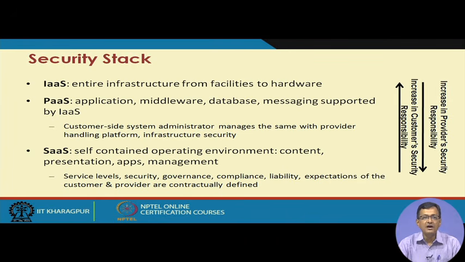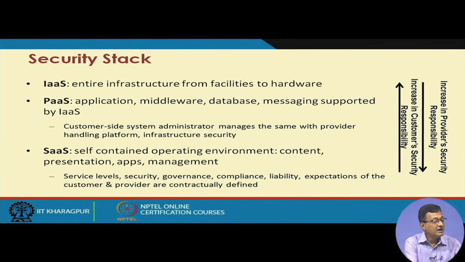Now, if we look at the three prominent service models, IaaS, PaaS and SaaS: in case of IaaS, the provider is responsible for the infrastructure, and the rest is the responsibility of the consumer.